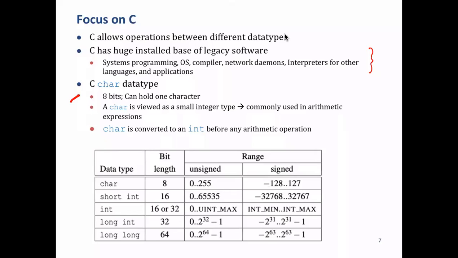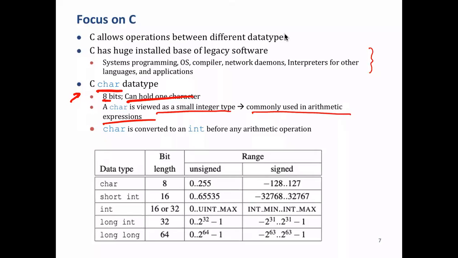All right, coming back, let's look at the char data type. It's 8-bit, can hold one character, and can be viewed as an integer type. Many programmers commonly use it in simple arithmetic expressions. When we are using different data types within an expression, they are converted into one type.